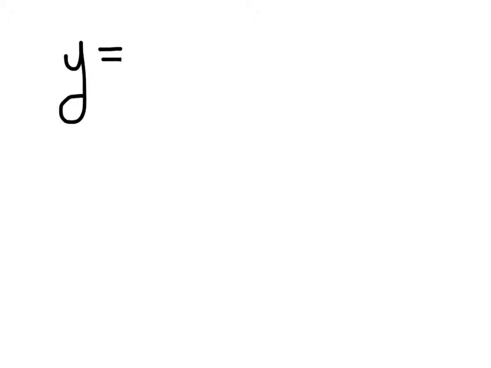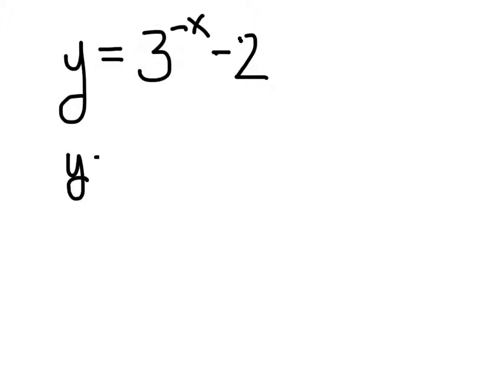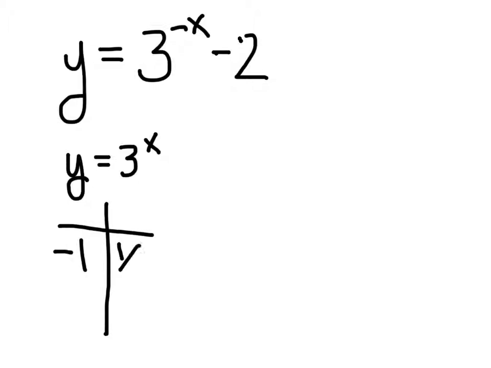So if you had a question like this in the test, 3 to the negative x minus 2, and you didn't know exactly what the base graph looked like, you would just write out y equals 3 to the x, make a table of values. If I put in -1, I get 1/3. If I put in 0, I get 1. If I put in 1, I get 3.